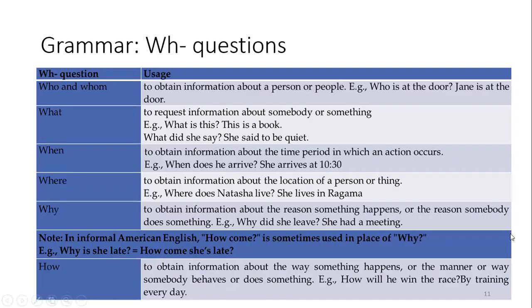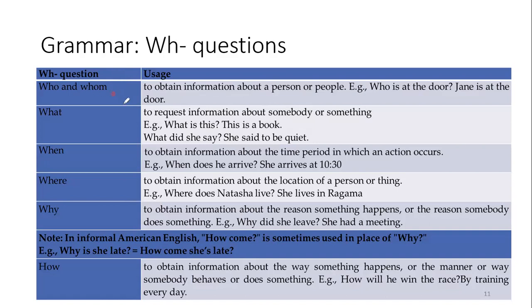Okay, so I think you understood a basic idea about what WH questions are. Okay, so here we are going to move on to our lesson, which is on WH questions, and as we already discussed in that video also. Here you can see who, whom, right?